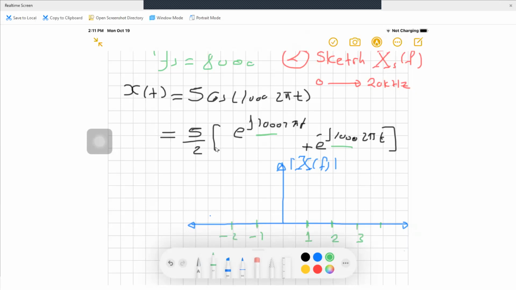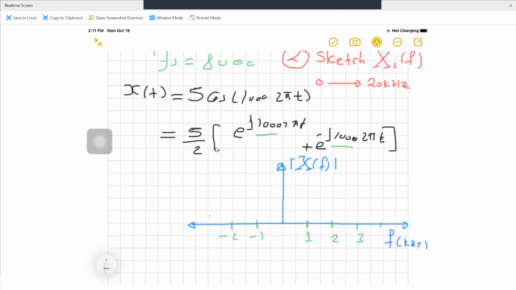Of course, we are going to modify f. Sorry, f in kilohertz. Now f becomes in kilohertz. Well, now we are going to plot the signal.